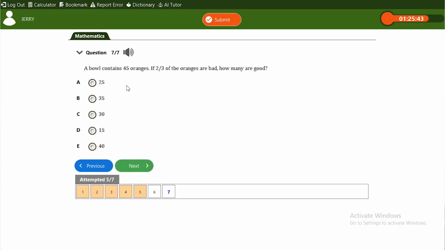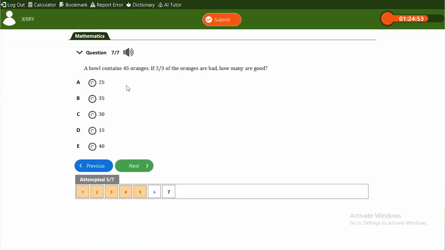Okay. All right. Let's see. This says a bowl contains 45 oranges. If 2/3 of the oranges are bad, how many are good? So let's apply our knowledge of fraction in our everyday home use.